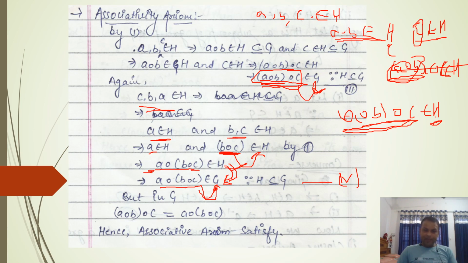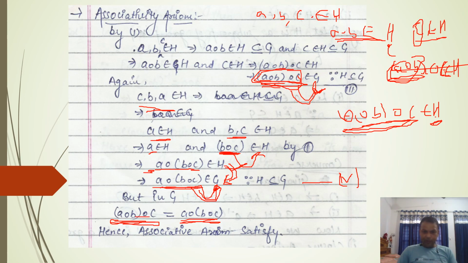Because the set G is a group, this will be the associative property of a group, because for a group we know that A of B of C will also be equal to A of B of C. Now because we have shown that this composition belongs to G and this composition also belongs to G, but in case of a group we know that these two compositions will be equal by the associative property.